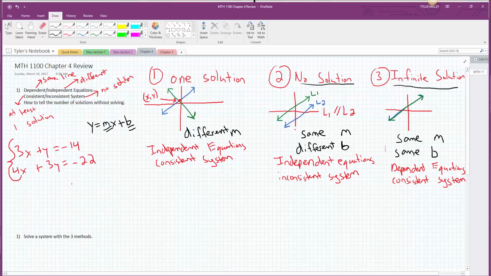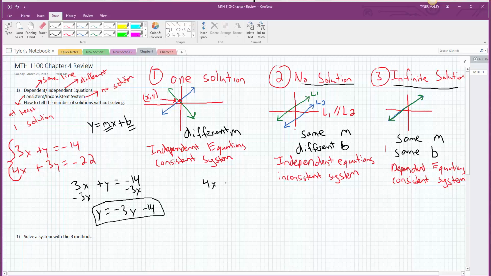So I'll start with the first one, 3x plus y equals negative 14. I can just subtract 3x from both sides. I get y equals negative 3x minus 14. So there's the first equation in slope-intercept form. The next one is 4x plus 3y equals negative 22.